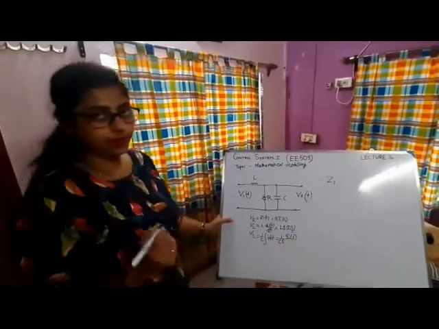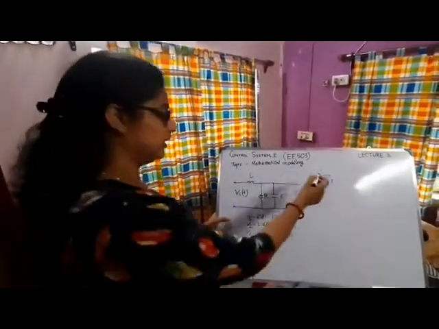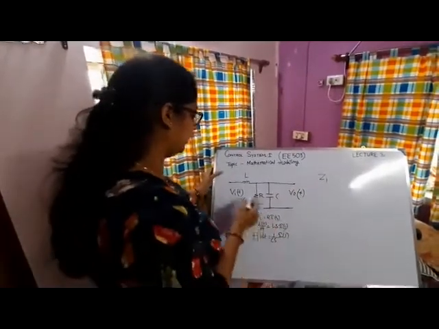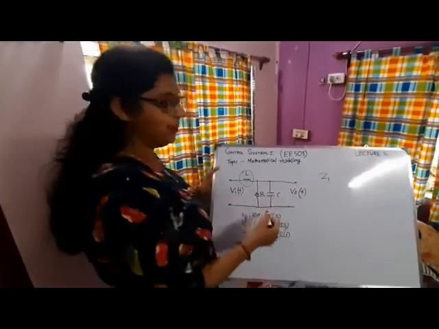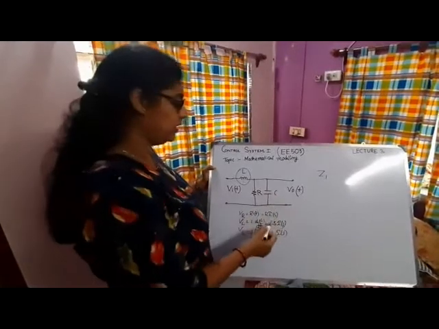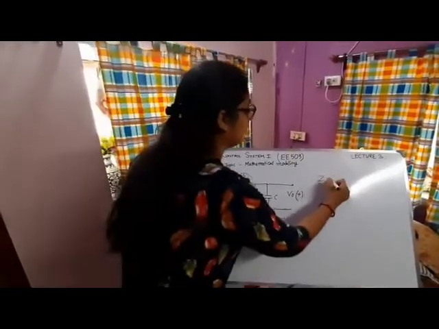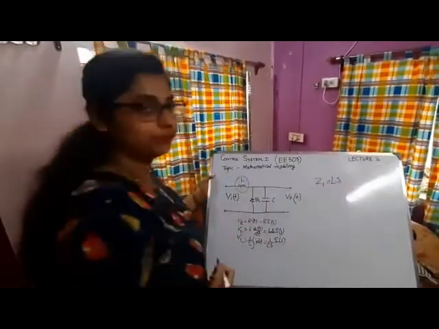We have to keep in mind, when we are considering Z1, we have to write the L, and L will be represented in the s domain as Ls. So Z1 is equal to Ls.